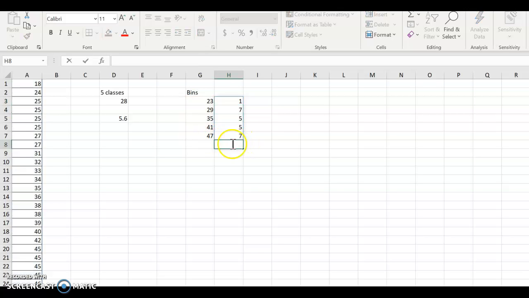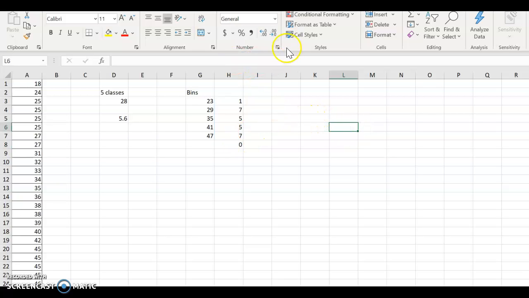And so here is our frequency, and then you could go ahead and do relative frequency and cumulative relative, but I'm going to skip that because I think the histogram was the question.